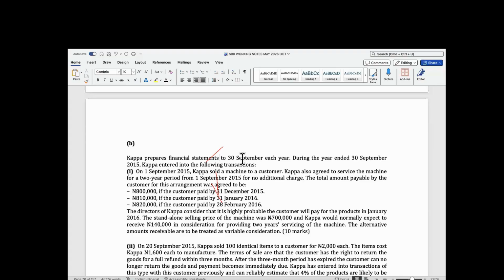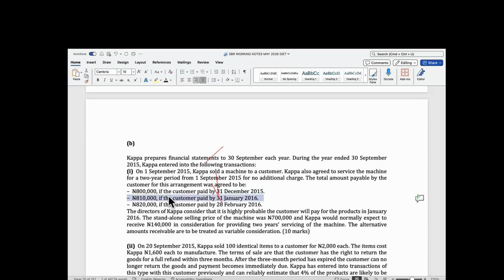The total amount payable by the customer for this arrangement was agreed to be 800,000 if the customer paid in 2015, 810 if the customer paid by January 2016, 820 if the customer paid by 28 February 2016. The directors of Kappa consider that it is highly probable the customer will pay for the product in January.